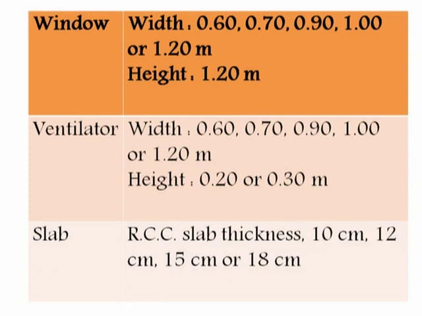Now, the slab has a thickness ranging from 10 centimeter, 12 centimeter, 15 centimeter or 18 centimeter depending on the span. The thickness of the slab will depend on how much horizontal distance or span for which it is to be constructed. The slab thickness is from 10 to 18 centimeter.